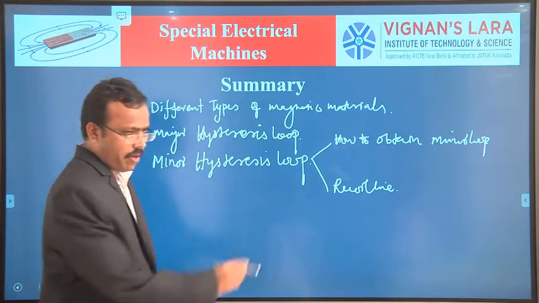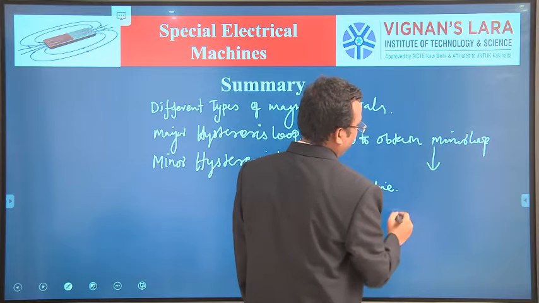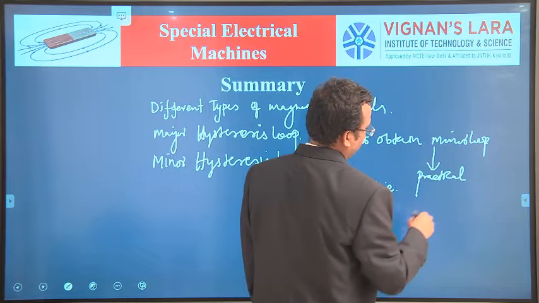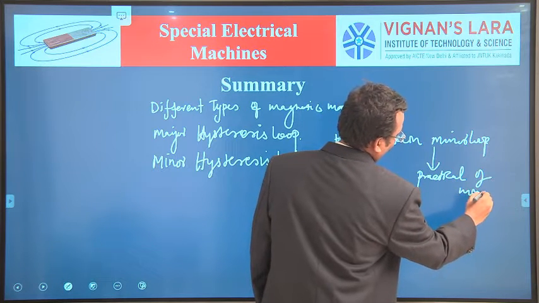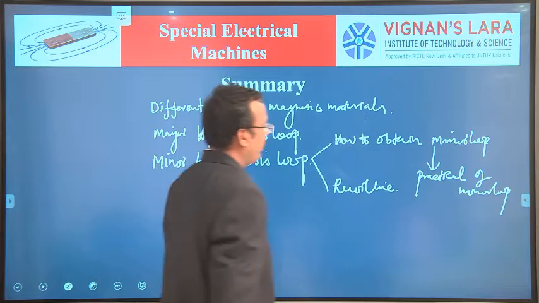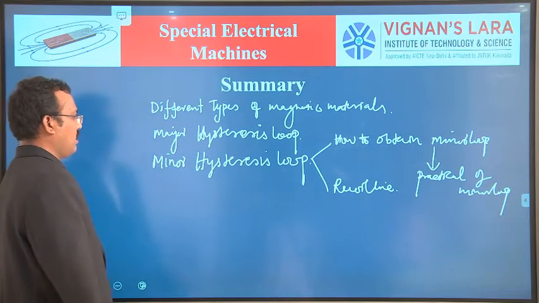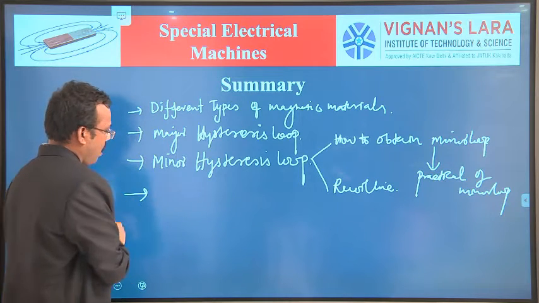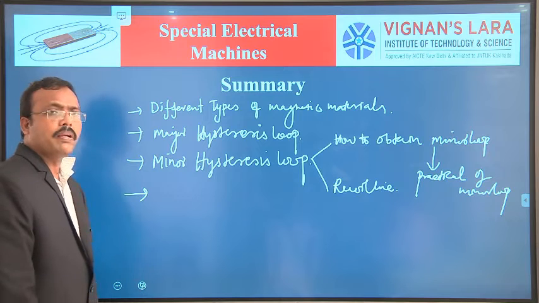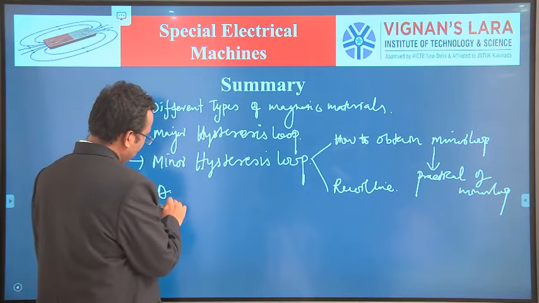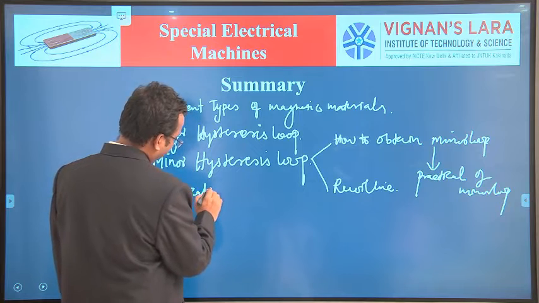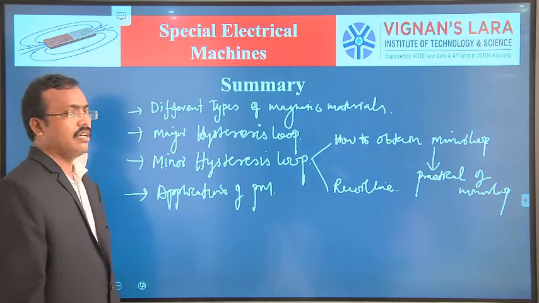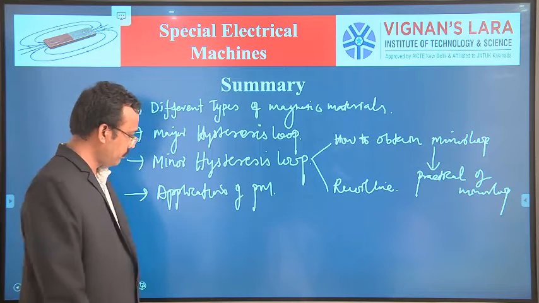Okay, so for practical application, we discussed the practical applications of the minor loop. Next we discussed the applications of permanent magnet materials.